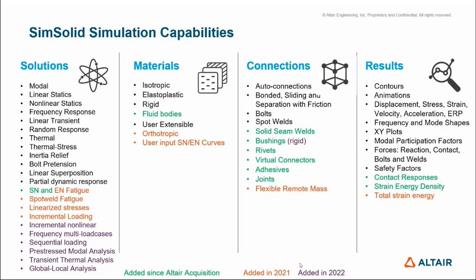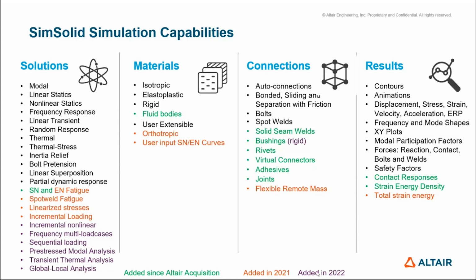Thermal and thermal stress, inertial relief, bolt pretension, linear superposition, as well as the option of fatigue assessment, linearized stress if you're working with pressure vessels or particular API codes, incremental loading, incremental nonlinear. It covers the full spectrum of simulations, and the Altair team is working extensively on increasing the functionality of SimSolid.